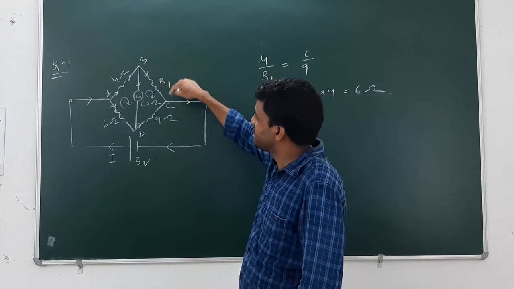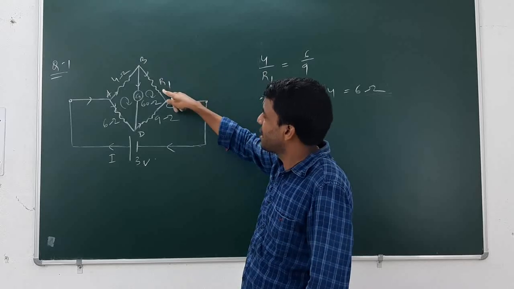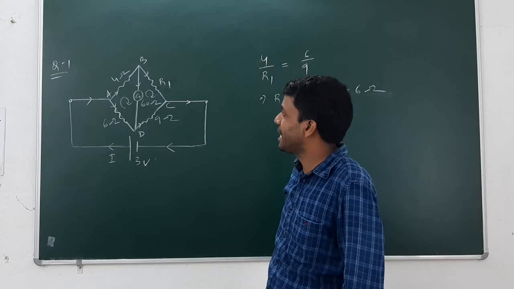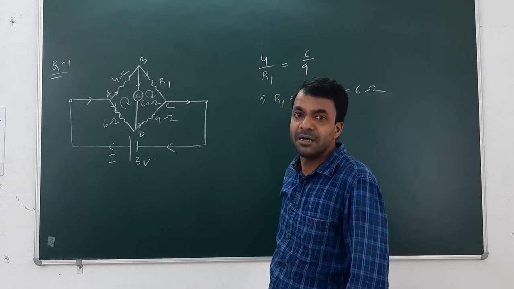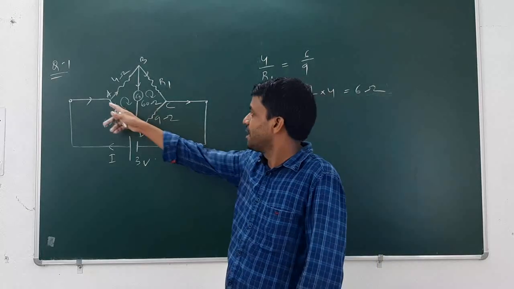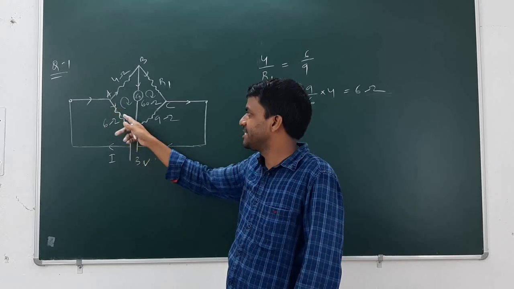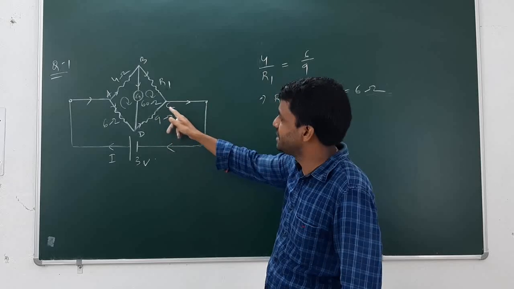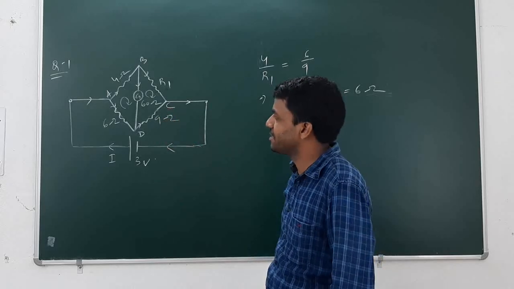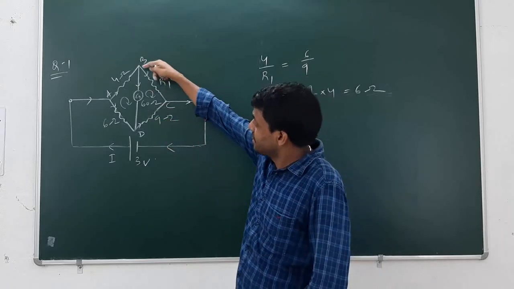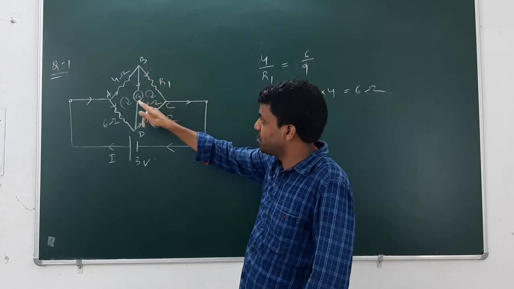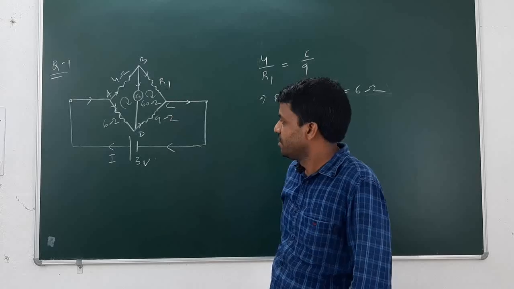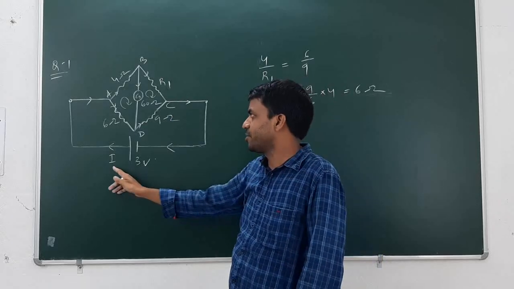In the branch BC, there is a resistor with unknown resistance R1, which will be calculated using the Wheatstone bridge. In the branch AD, there is a resistor of 6 ohm. In the branch DC, there is a resistor of 9 ohm. In the branch BD, there is a galvanometer of resistance 60 ohm. And the battery is 3 volt, total current is I.